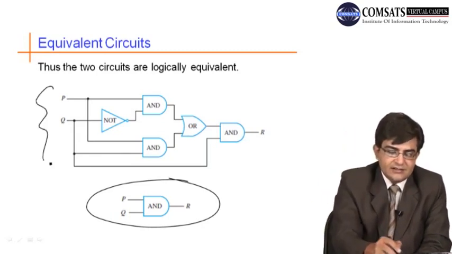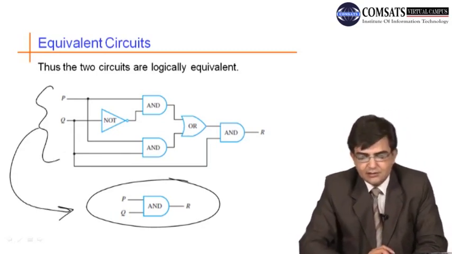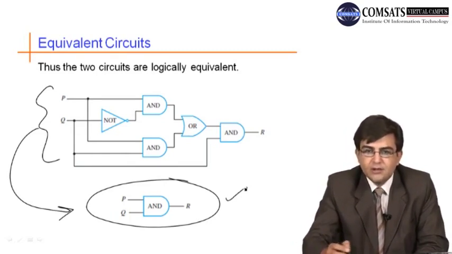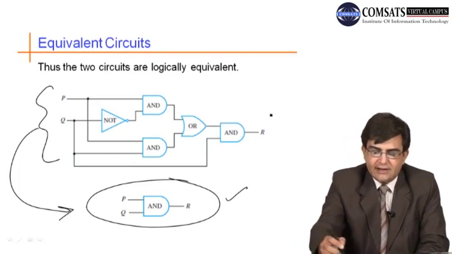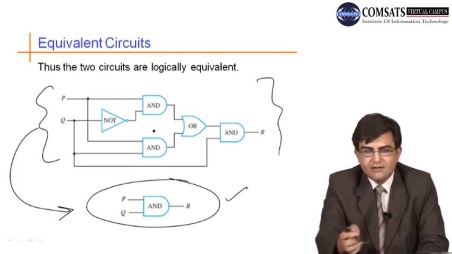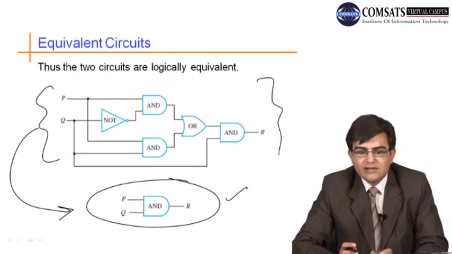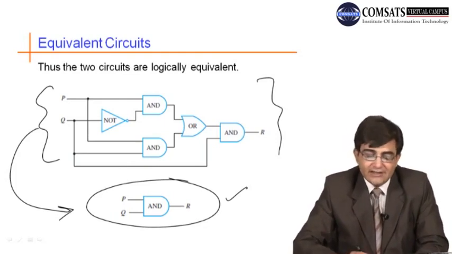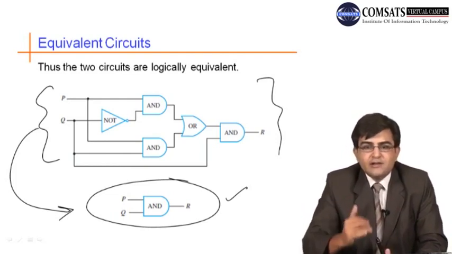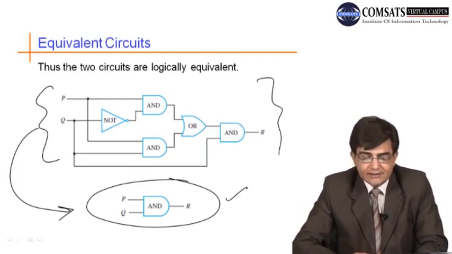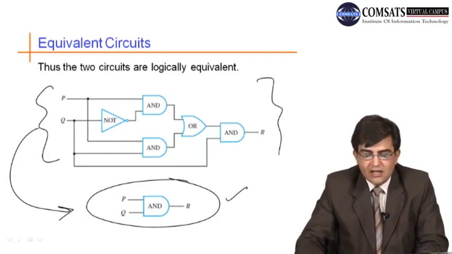This circuit is logically equivalent to this circuit. You can see that this circuit is very simple. It contains only one logic gate, which is AND, while in this circuit we have several logic gates and it looks complex, but it is logically equivalent to this. So this is how we can reduce circuits by using the laws of logic.